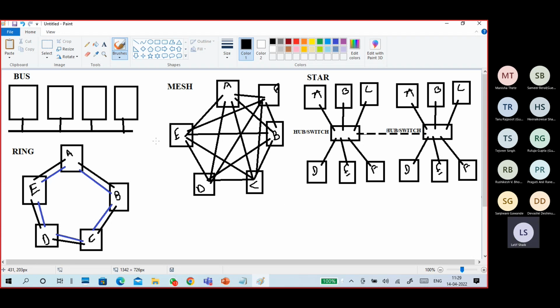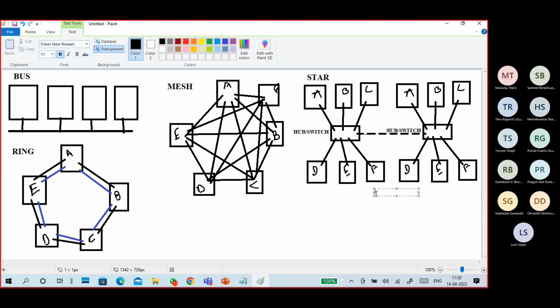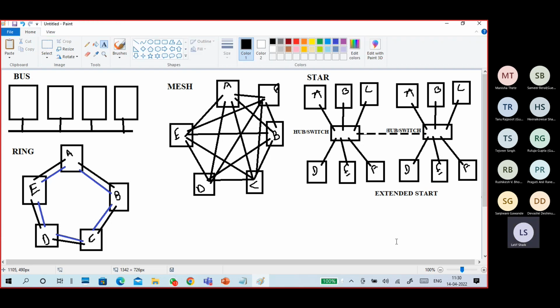A single star topology and another single star topology combined become a single network. That is called an extended star.